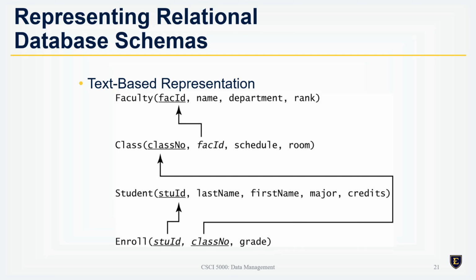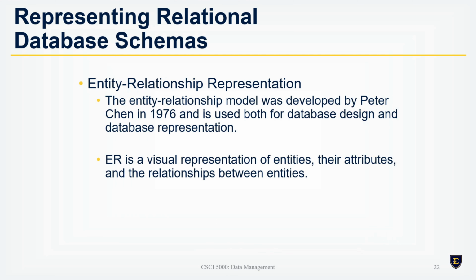Well, a text-based representation might be good for a simple design or something that's pretty easy to review and easy to see. One of the best ways of visually representing a relational database schema is through the entity relationship diagram.